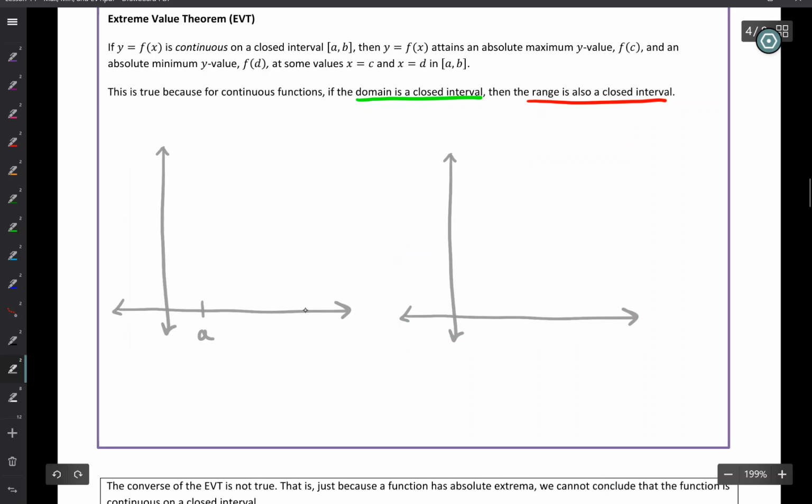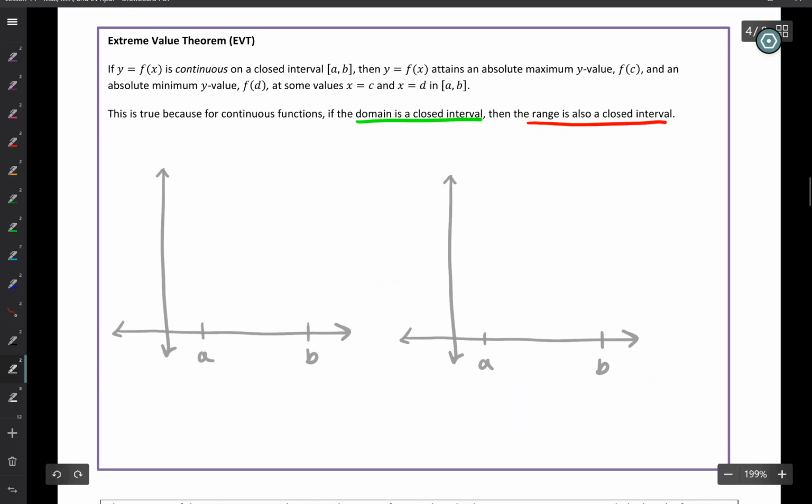Maybe here's A, B. Continuous function on AB. That went a little high.